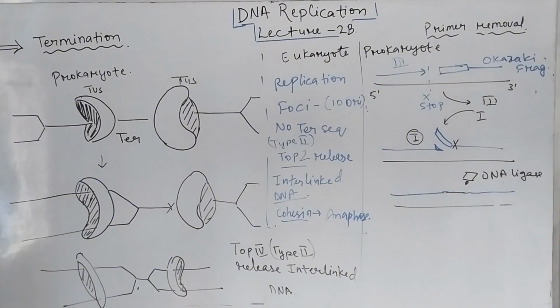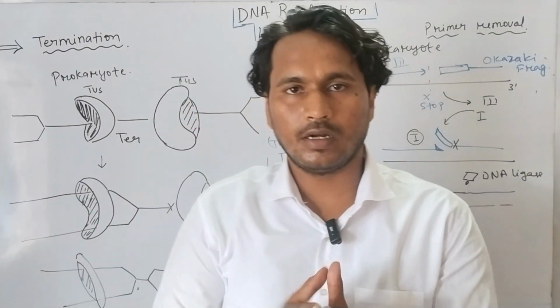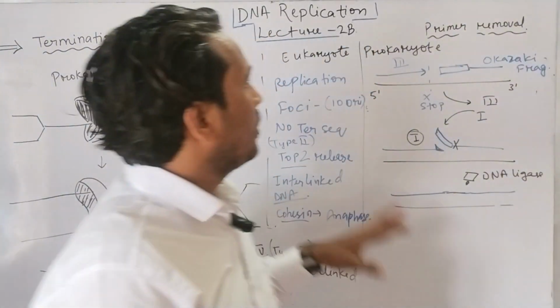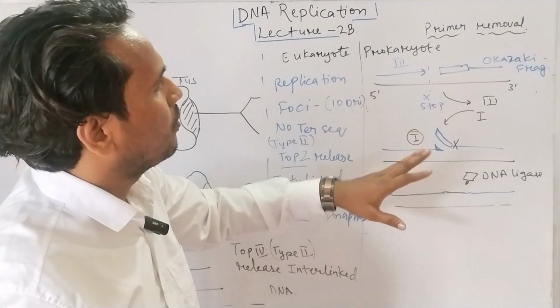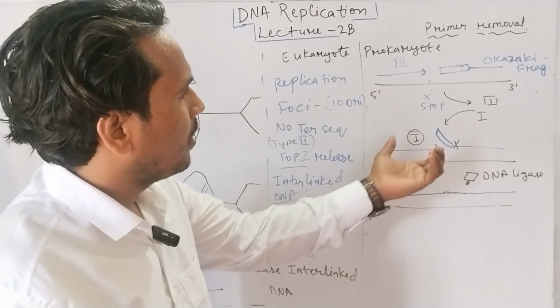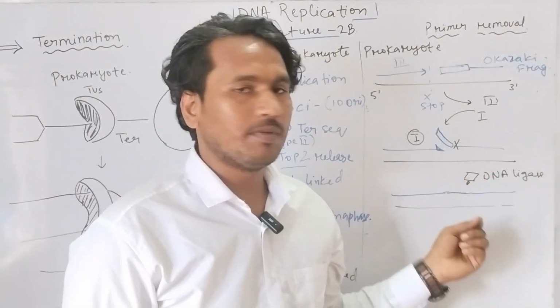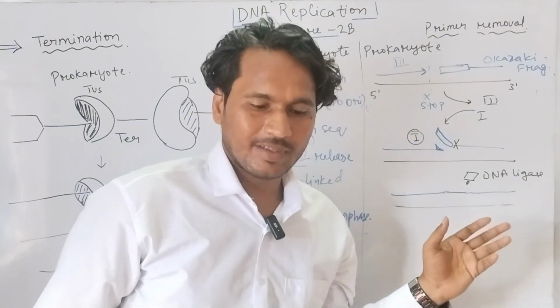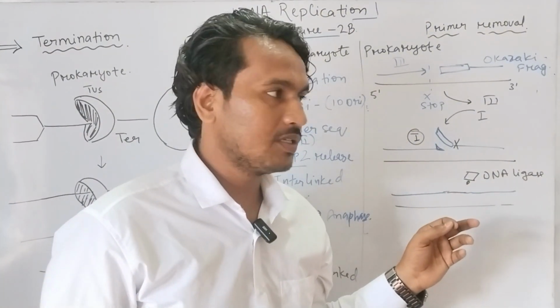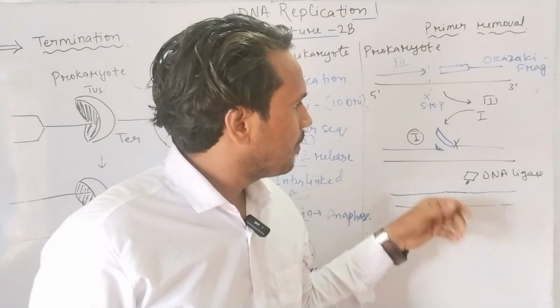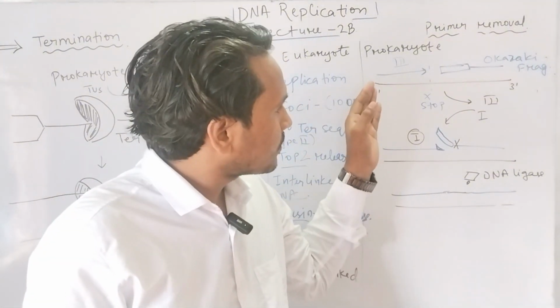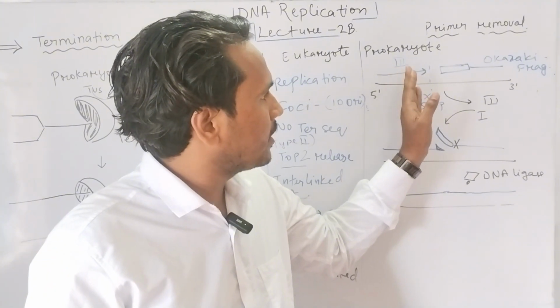Before discussing the termination, we will talk about primer removal. In case of the prokaryote, primer removal is easy because it has the enzyme DNA polymerase 1, which has 5 prime to 3 prime exonuclease activity and can cut the primer easily. But DNA polymerase 3 has to be removed.